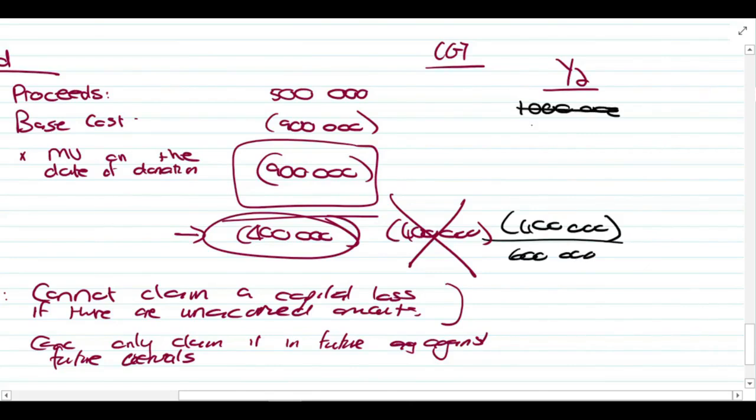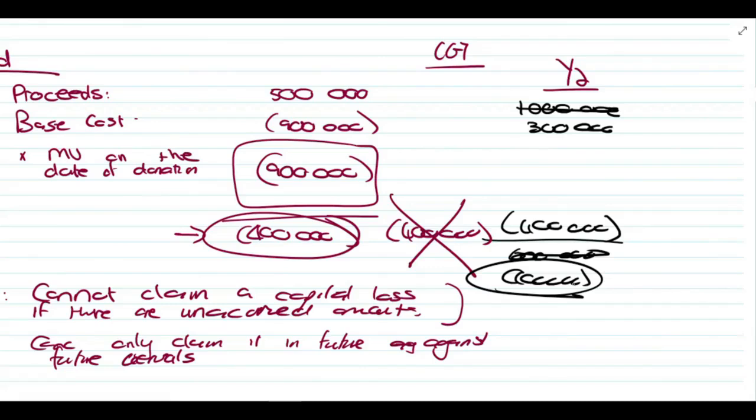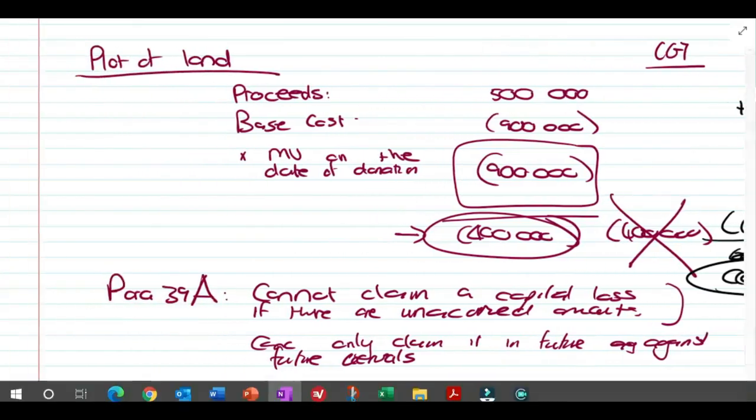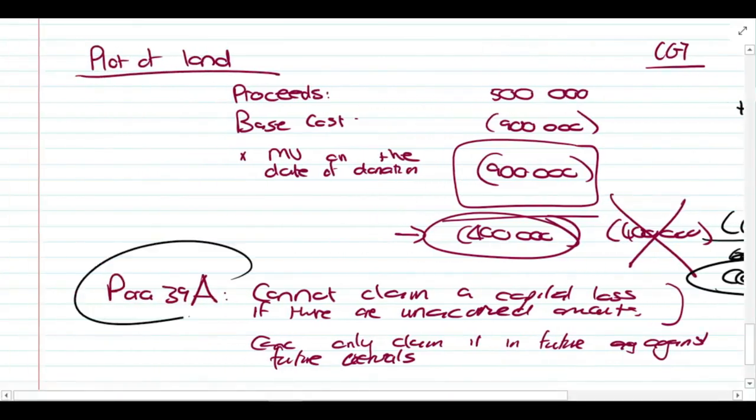Even if the developer next year only gives you, let's say 300,000, that's the final amount. So then there's a 100,000 rands loss. Then you can claim it. But you must not be in a position where you're going to receive money in future. You can't claim a loss this year and next year have a gain on it. That's just the rule. So please, guys, go and look at paragraph 39A again if you can't remember that.